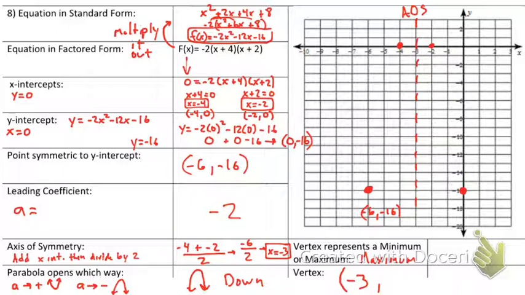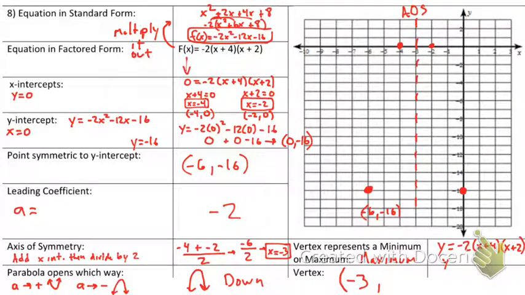So in factor form, we have y equals -2 times (x plus 4) times (x plus 2). So we're going to plug in our axis of symmetry x value into the x value here.